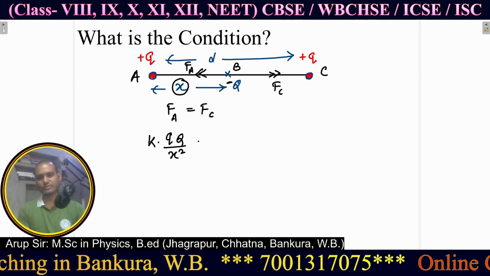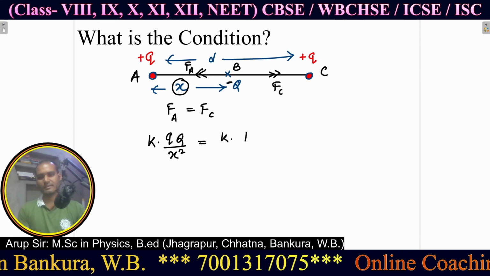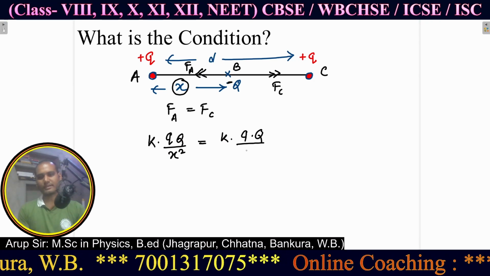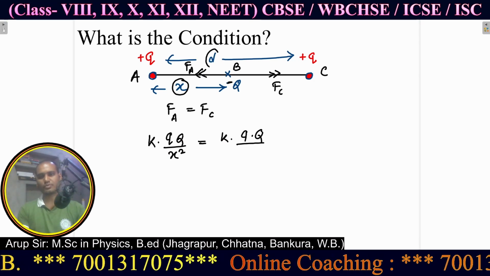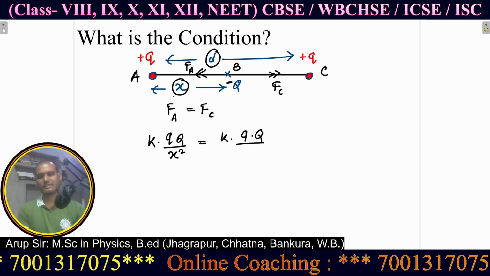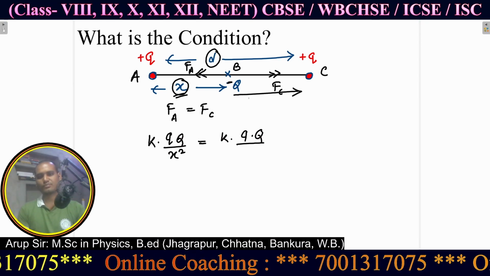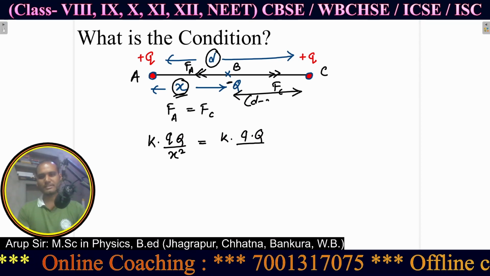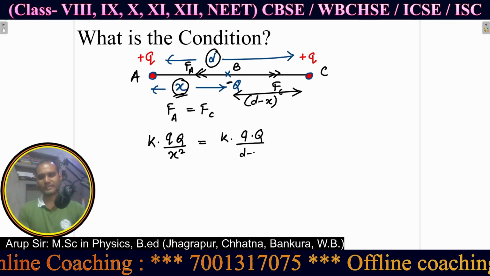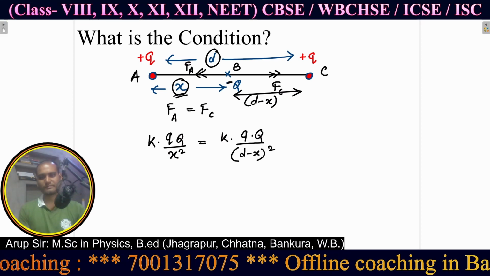It is equal to K into Q divided by the distance: if the total distance is d and this distance is x, then this distance is obviously d minus x whole square.